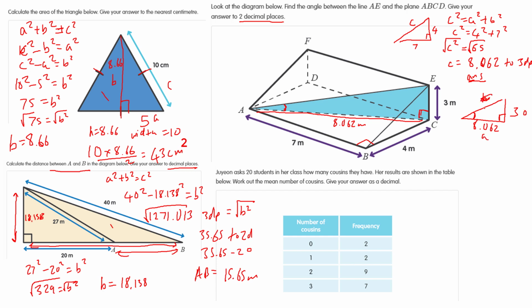Again, we're using tan, so we know it's TOA, and that triangle helps you remember. So we have tan theta equals opposite, which is the 3, divided by 8.062.